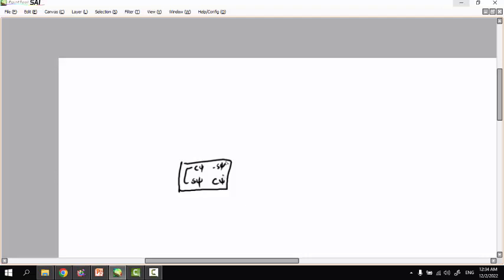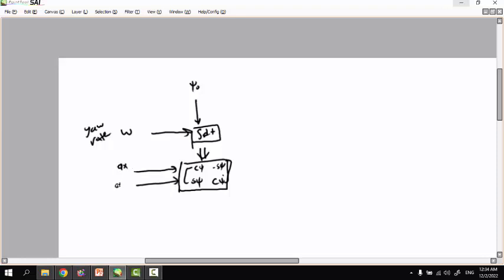This matrix takes the integration of omega, which is the yaw rate, and we have the initial condition, which is psi at time 0, and two inputs here, which are ax and ay, the body axis accelerations.